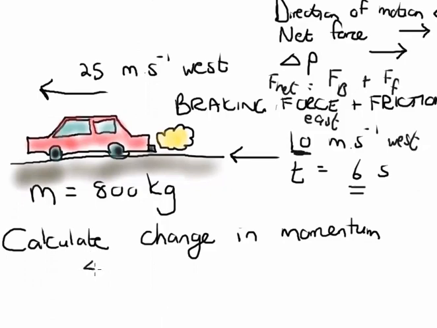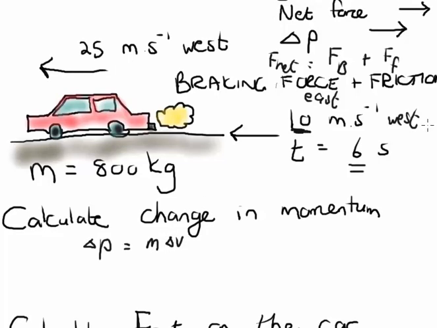So this is our unknown, change in P. When you want to calculate change in P, the simplest way of solving this is to use our formula change in P equals mass multiplied by the change in V. If I take west as positive, remember then we have to stick to it all throughout our questions.